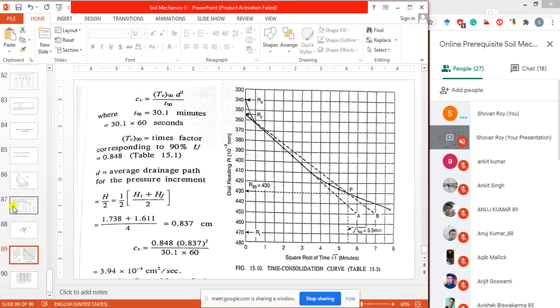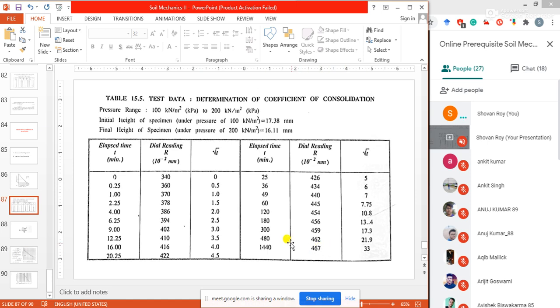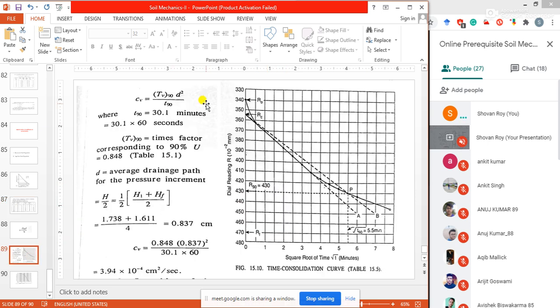This value we can find out from this elapsed time, which is 30, or 30.1, so 30.1 into 60 seconds. Here, if we square this 5.5, we can get this 30.1, the T90. Actually this value is T90.